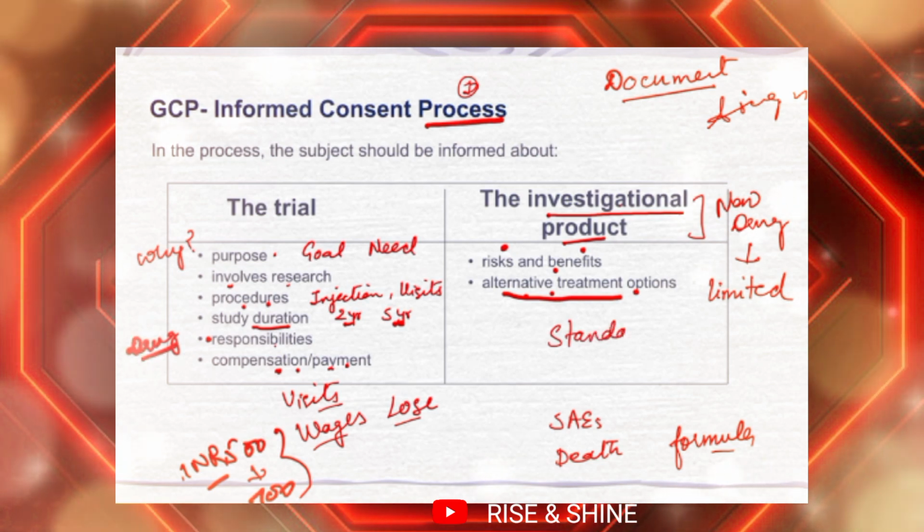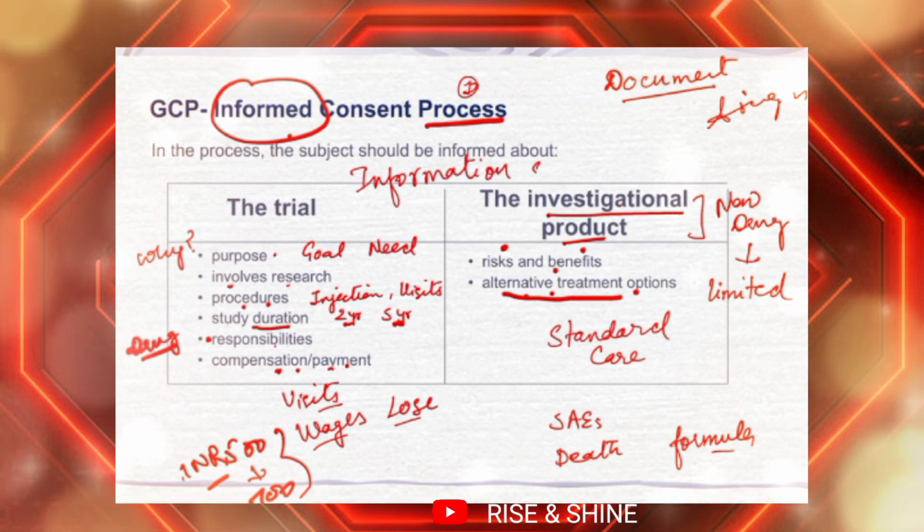So you have to inform them. So this, in a nutshell, is available in the first part. This information will be available on the information sheet. You can say the information sheet.